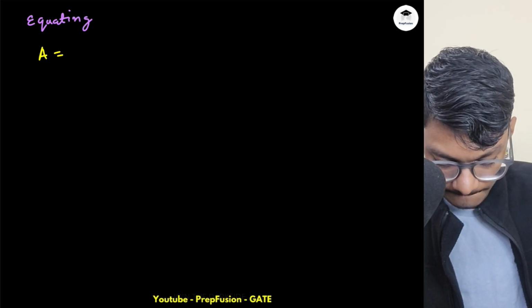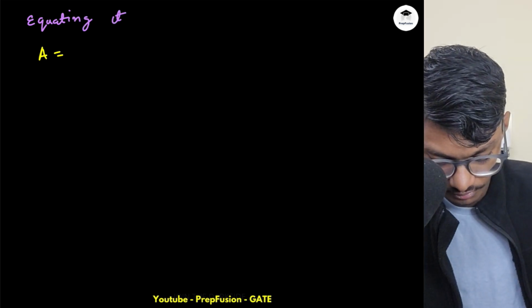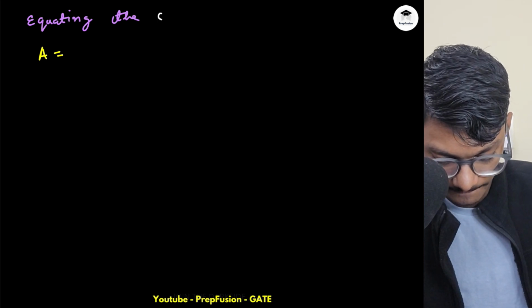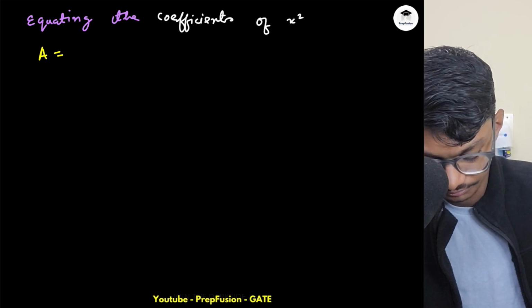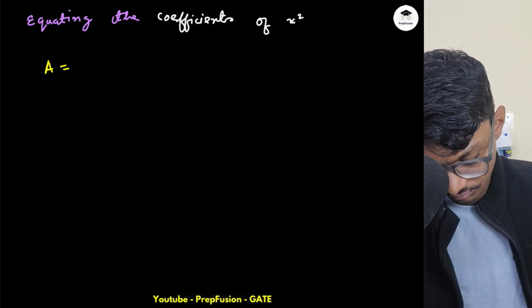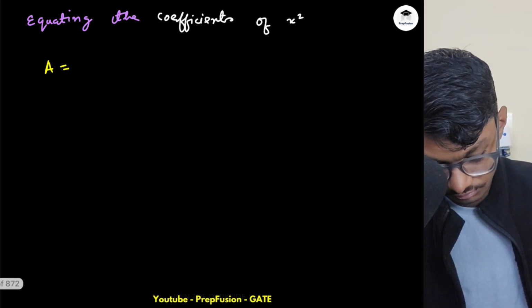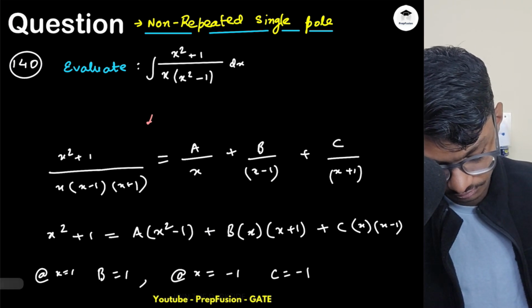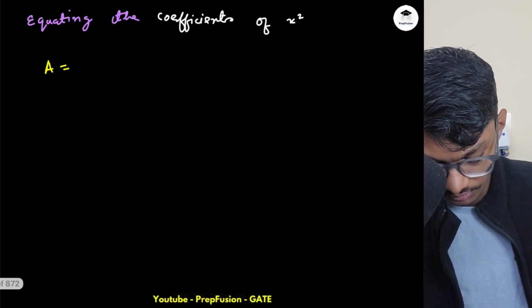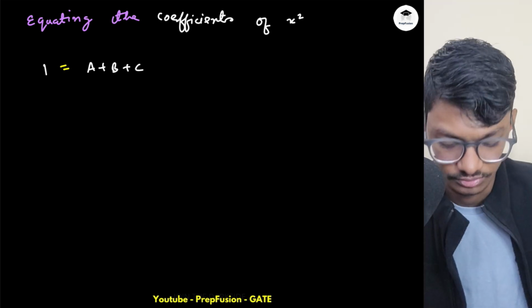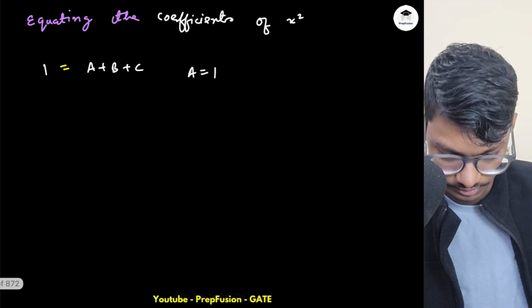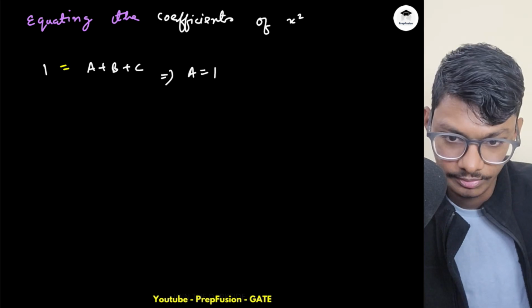So equating the coefficients of x squared, on the left hand side I have 1, then a plus b plus c. So b plus c is 0 because -1 and +1. So a will be equal to 1.